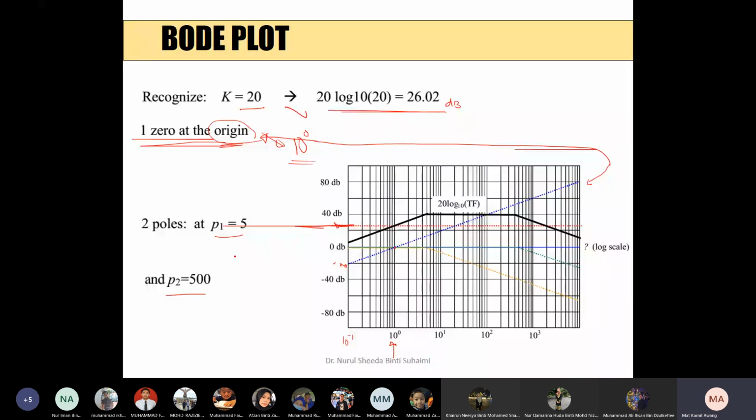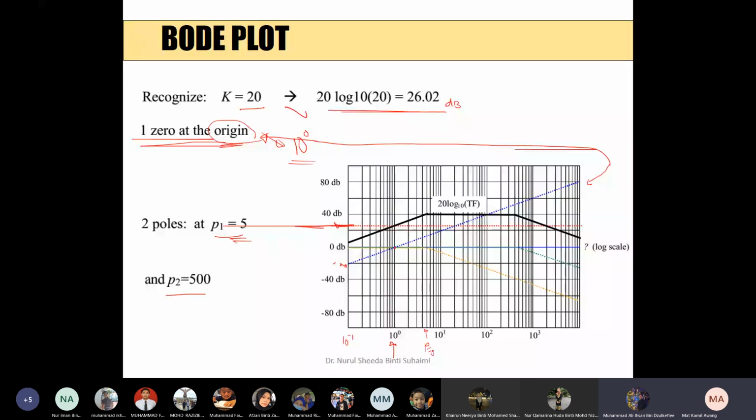The second one, P1 is at 5, a pole. So where is 5? This is 10 to the power of 0, which is 1. So 2, 3, 4, 5. So this is P equal to 5.